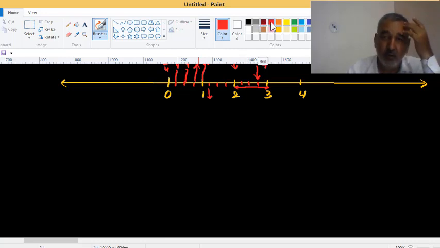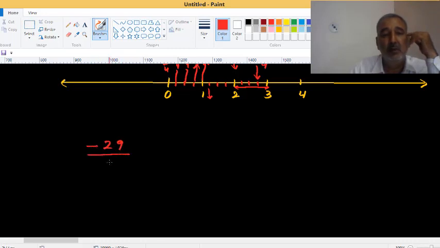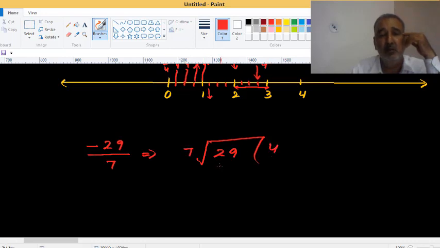Let's do one more exercise from negative numbers. I'm taking minus 29 by 7. So convert it into mixed fraction, simply divide without taking sign. 7 fours are 28.